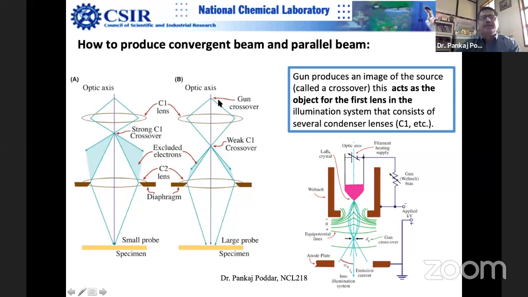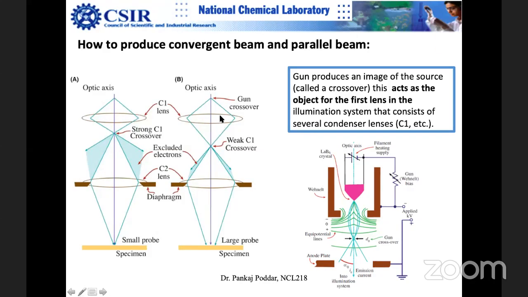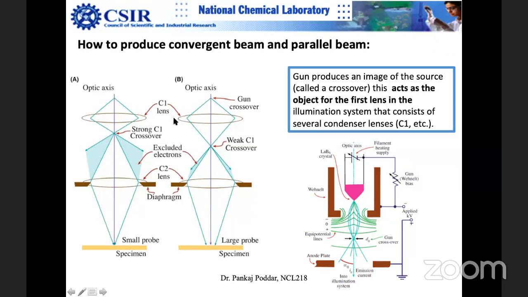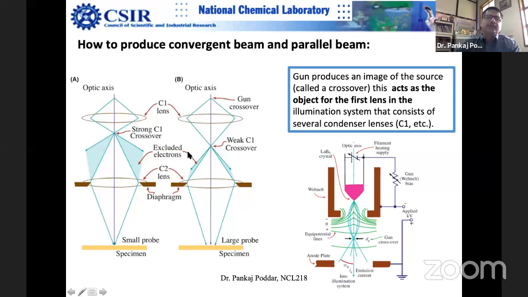You can see similarly that here the current is smaller. All of these are magnetic lenses. Here the focal length is larger, and this angle becomes smaller. This angle is larger, this angle is smaller, and this focal length is larger. So what do you do? You decrease the current of this lens. When you decrease the current of this lens, the focal length starts shifting away, right?